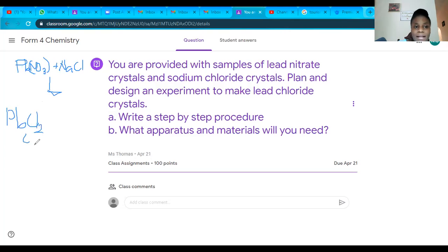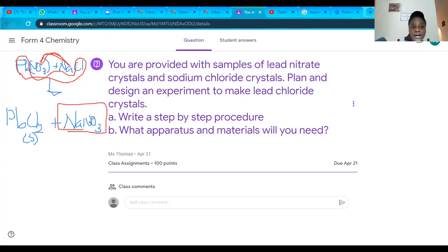So that will be solid, but you're also going to form what? Sodium nitrate, right? Look, you form lead chloride. You see that? So what is left? Sodium nitrate, sodium nitrate.